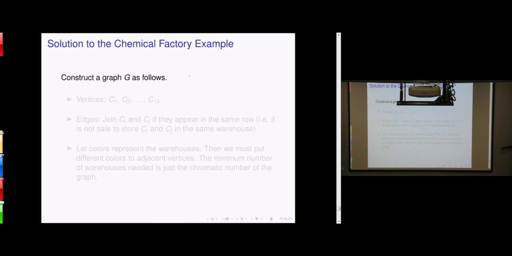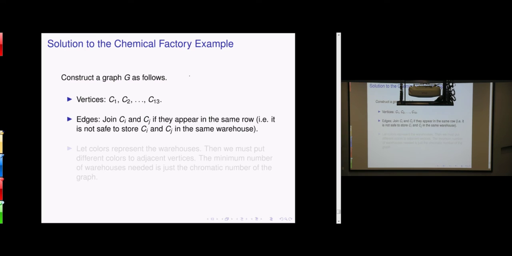The solution is that we construct a graph as follows. The vertices are the chemicals, C1, C2, up to C13. For the edges, we join Ci and Cj if they appear in the same row. If you cannot store Ci together with Cj, you connect them.